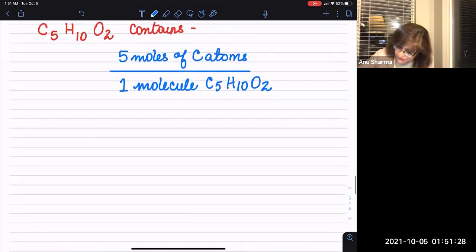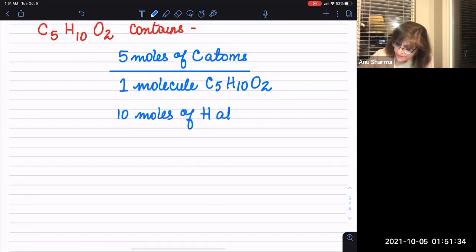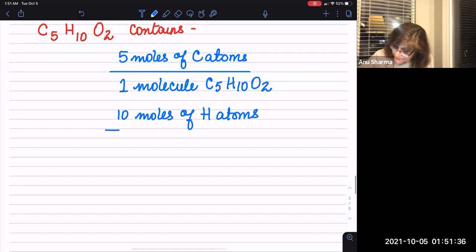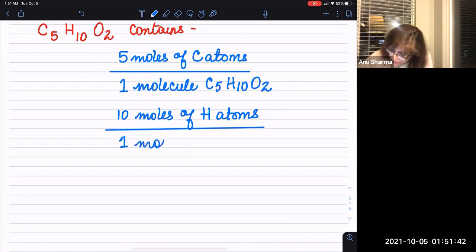Second thing is we also see there are 10 moles of hydrogen atoms present in one molecule of C5H10O2.